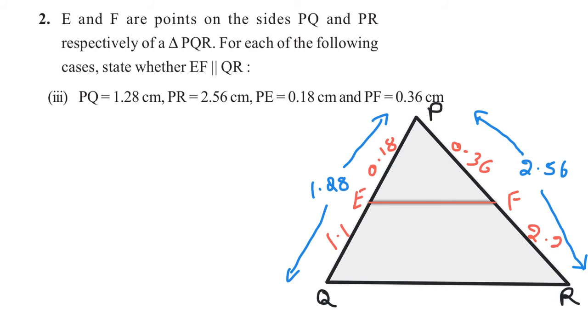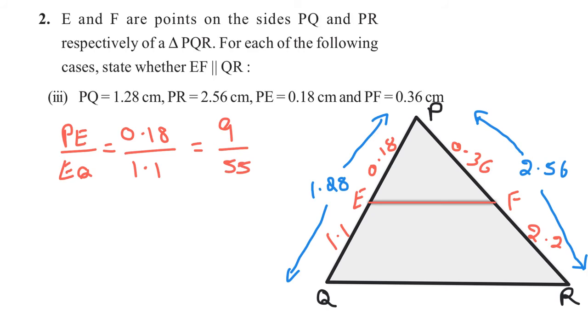So now we can apply the theorem. Let us check PE over EQ. What is the ratio we get? PE is 0.18 and EQ is 1.1, and that's going to be 9 over 55.